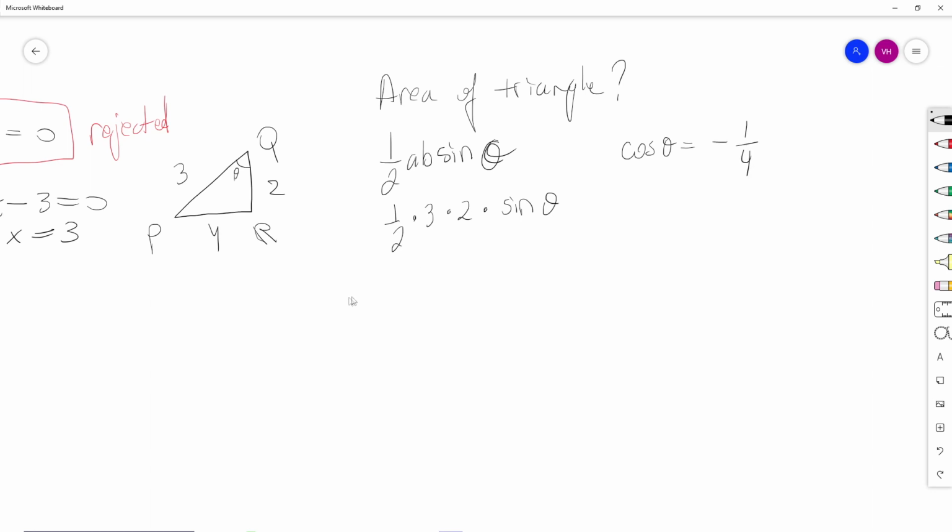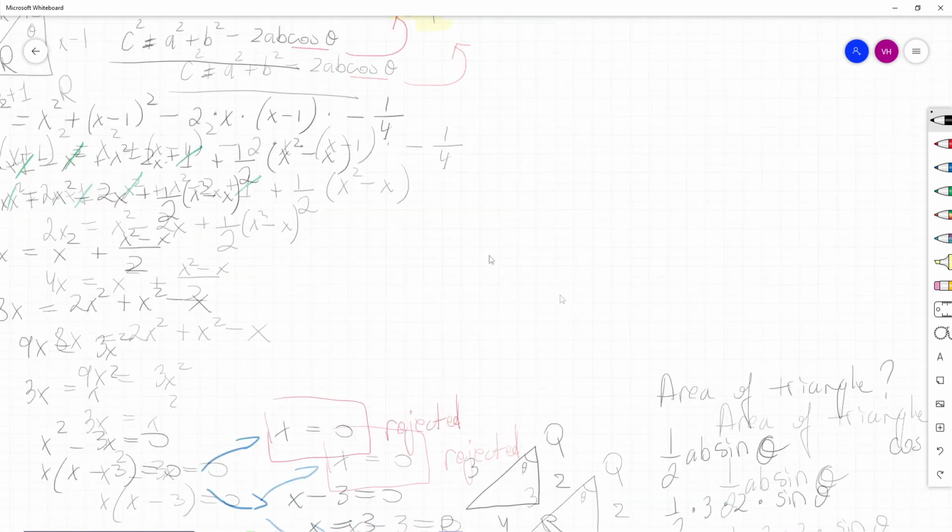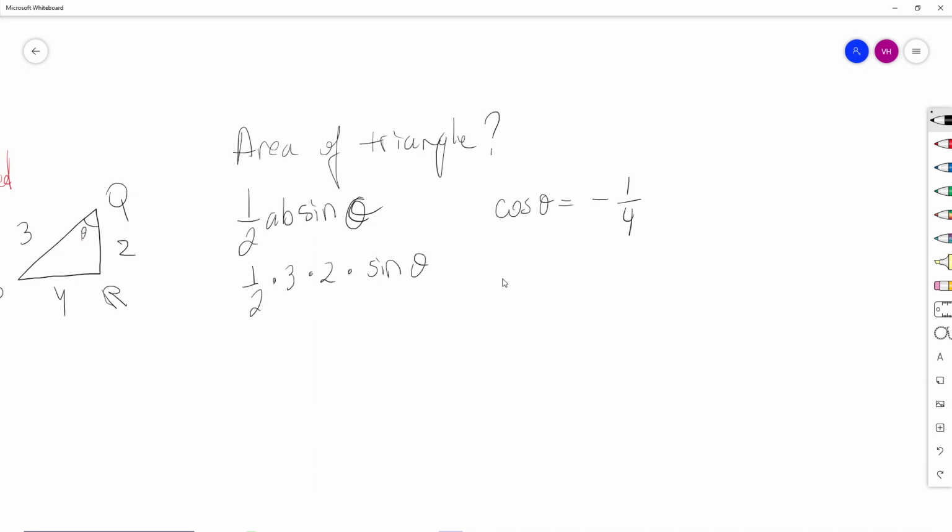So as I said previously, the 1/4 is coming in importantly here. So if cosine theta equals -1/4, then if we draw the triangle for this specific cosine theta, and this is theta, cosine is adjacent over hypotenuse. So that's going to give us 1 and -4 on this side.